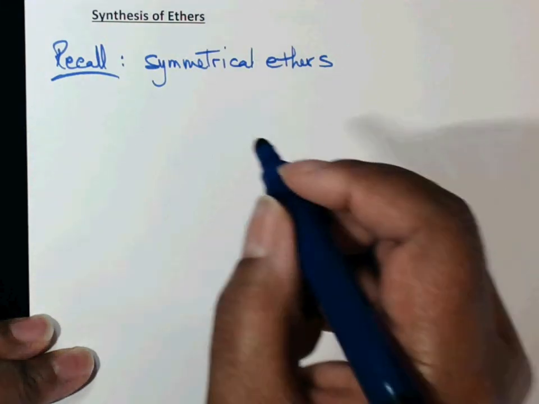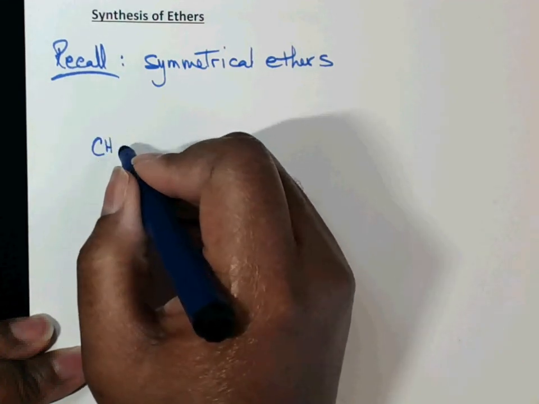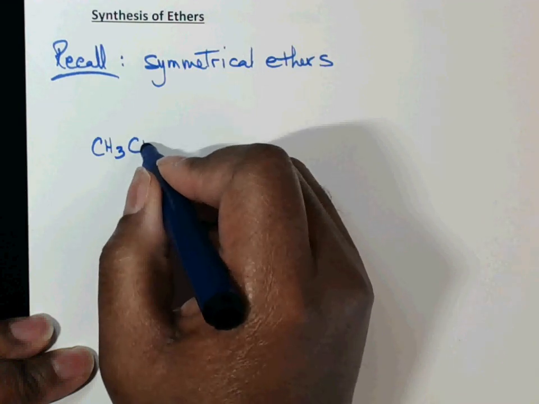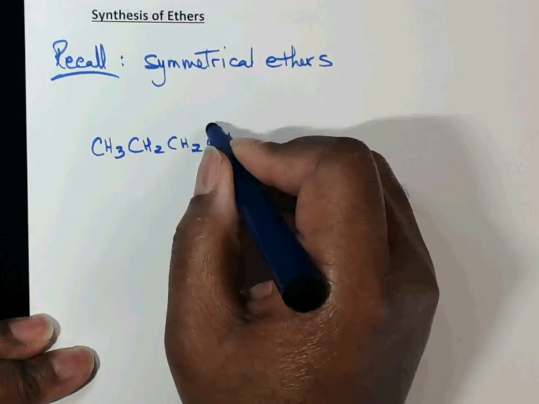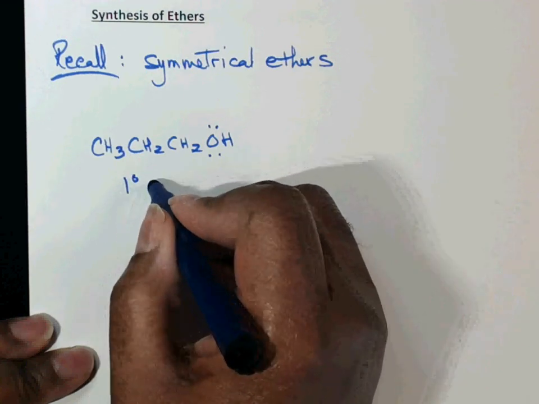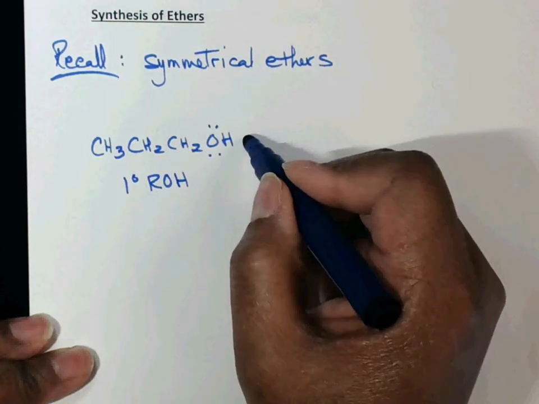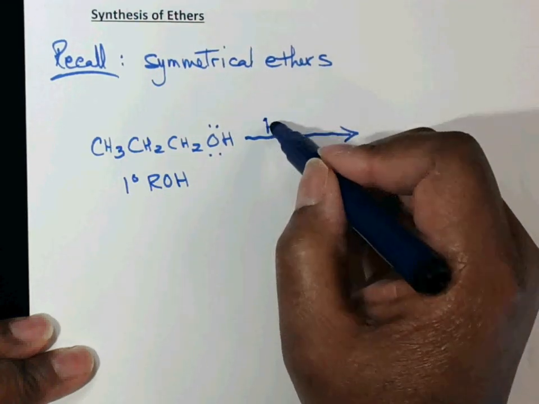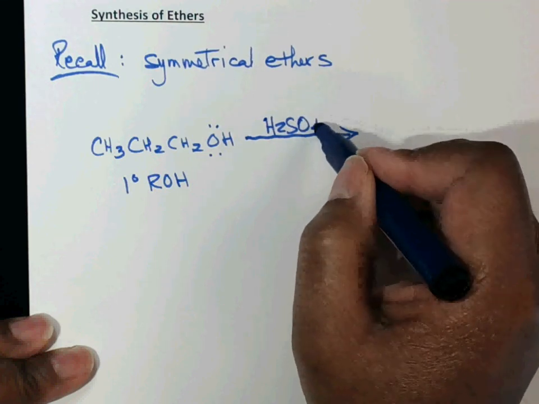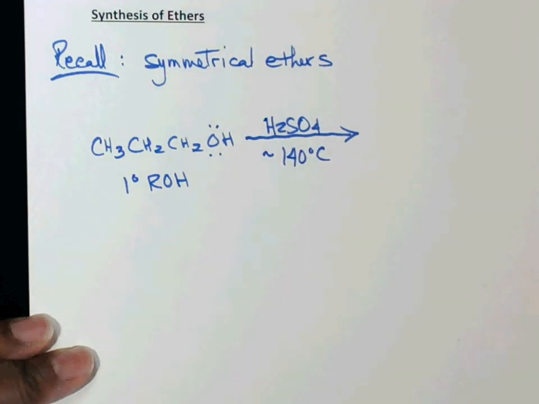Remember, we said that if you had a primary alcohol, any primary alcohol, and we heat that alcohol in the presence of a strong acid such as sulfuric at about 140 degrees C, we'll get an ether.